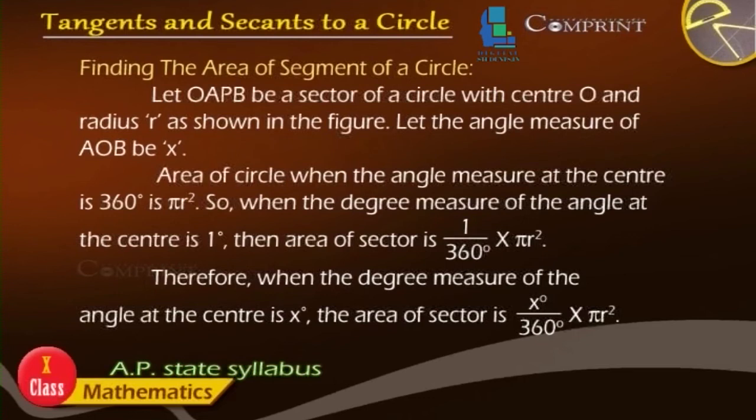So, when the degree measure of the angle at the center is 1 degree, the area of the sector is 1 by 360 degrees into pi r square. Therefore, when the degree measure of the angle at the center is x degrees, the area of the sector is x degrees by 360 degrees into pi r square.